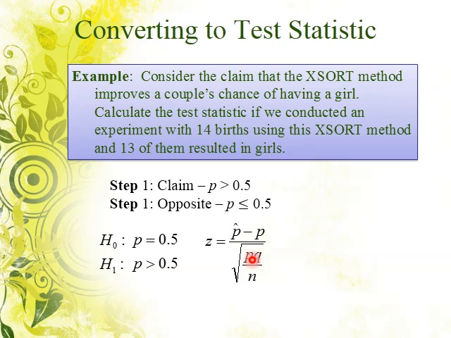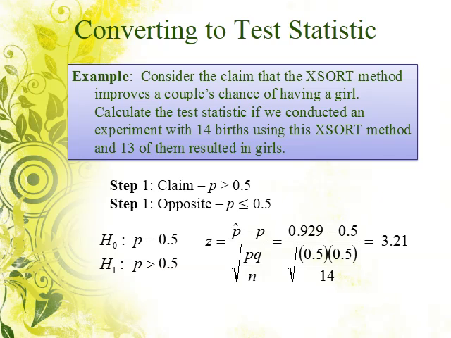Then we get 0.5 and 1 minus 0.5, which also happens to be 0.5, for the denominator of our test statistic. And of course n is our sample size, which was 14. So plugging all this into the calculator gets us 3.21 as our test statistic.